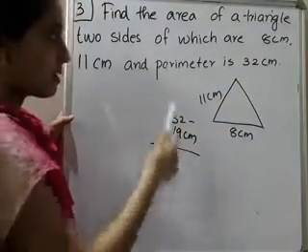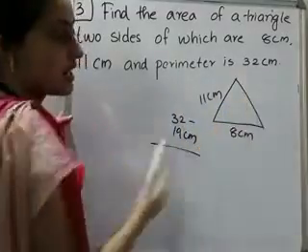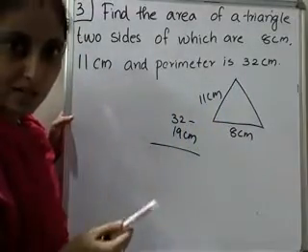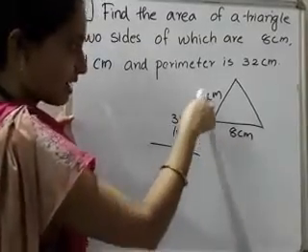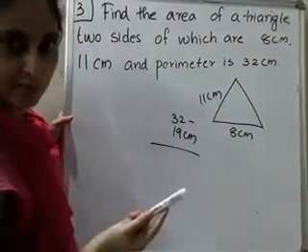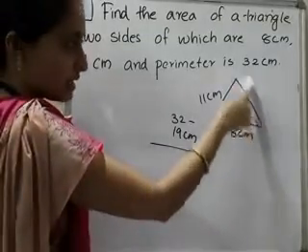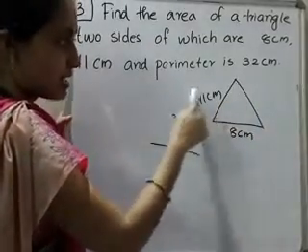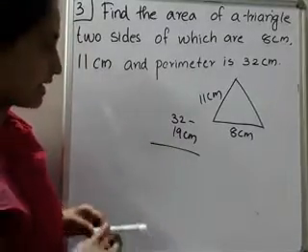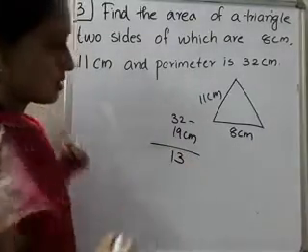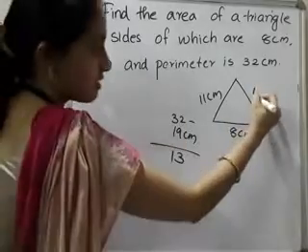For that purpose one hint is given, that is perimeter is 32. Perimeter means adding all the sides. So this side plus this side plus this side gives 32. So you want to find this side. That is total minus the sum of these two sides. That is 32 minus 19. That gives us 13.